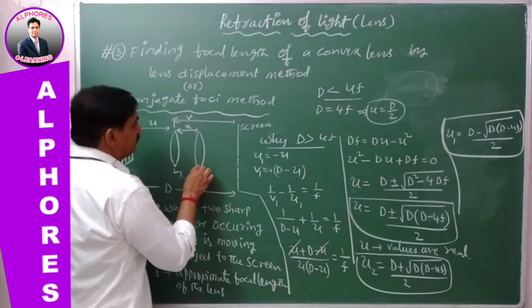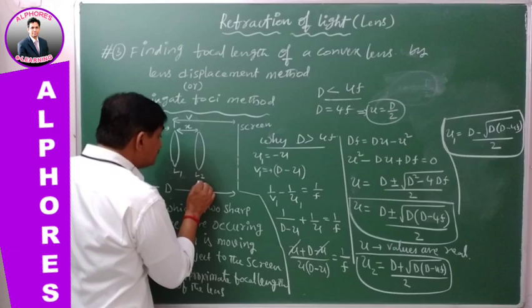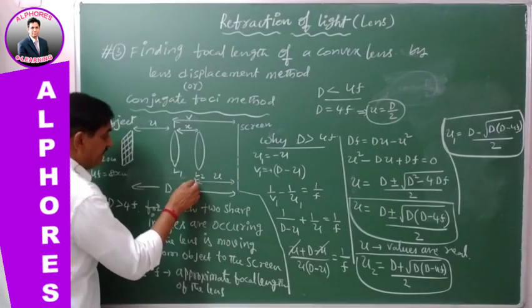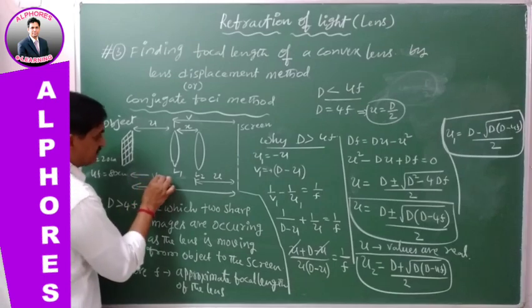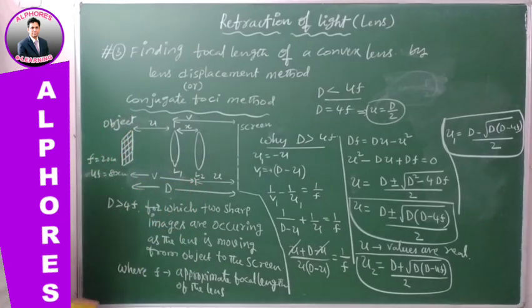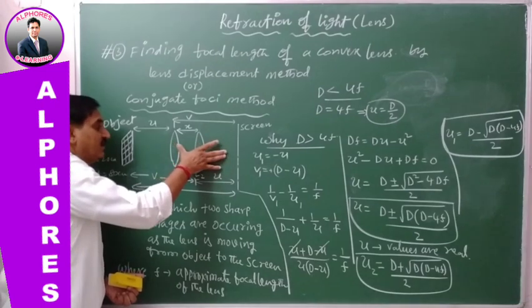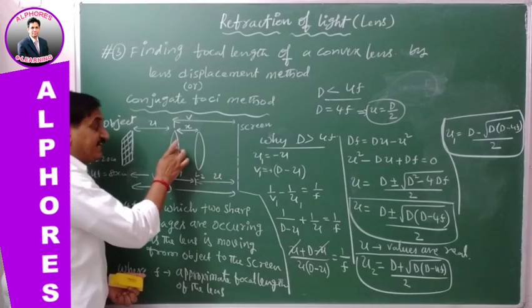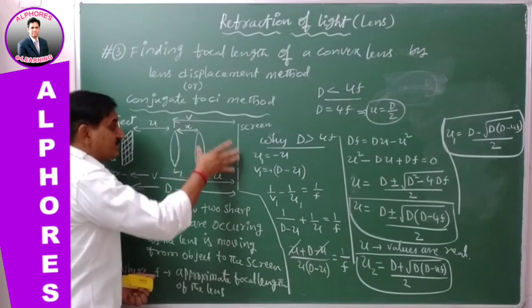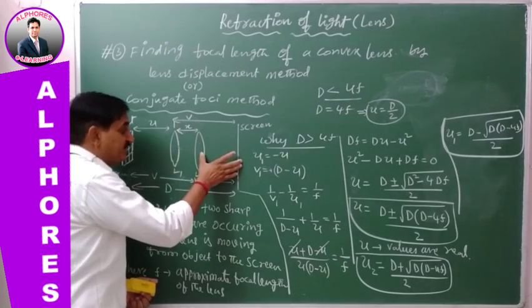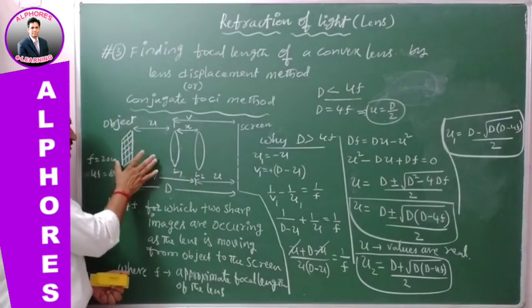So this is the final position of the lens where this becomes the object distance u and the remaining this becomes the image distance v. See here, this is the object distance, this is the image distance at the first position of the lens. At the second position, the distance from the screen to the lens is taken to be the object distance, and this will be the image distance.